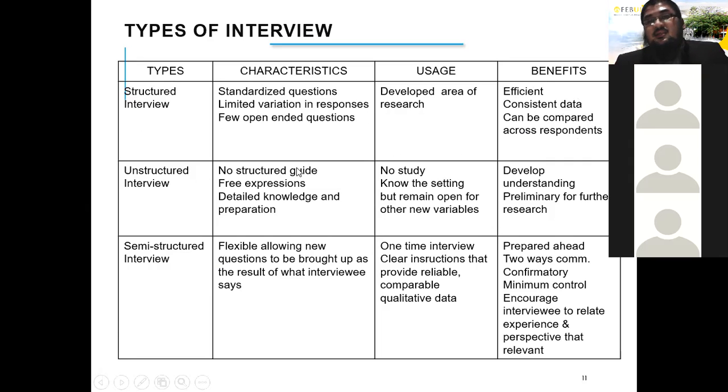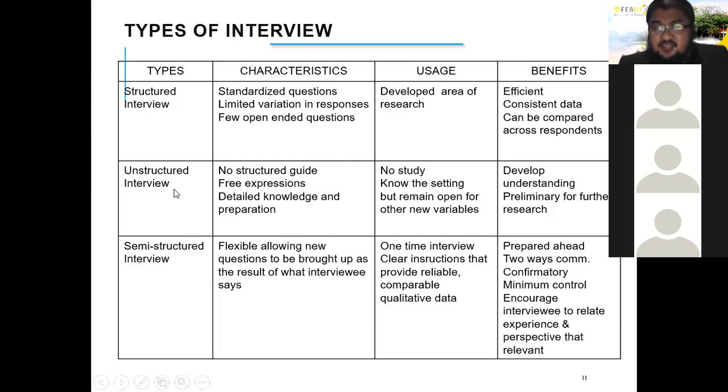However, if the understanding of the phenomenon is still lacking, and we are unable to develop a standardized guideline to ask questions, then we can use either the semi-structured or the unstructured interview.